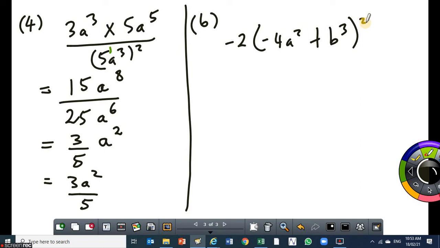So, because of this addition, you can't distribute the 2 inside. You can only distribute the 2 if there was 1 term inside, or there were 2 terms that were multiplying each other inside that bracket. So if there's addition or subtraction, you can't distribute.